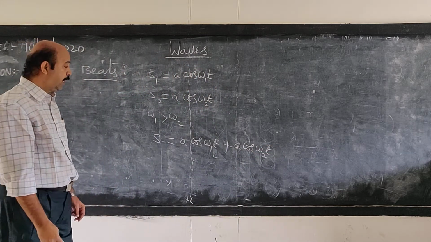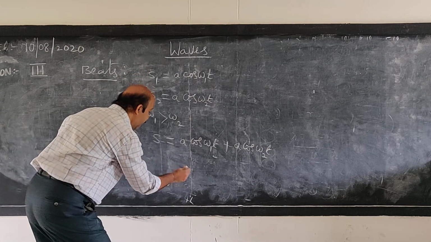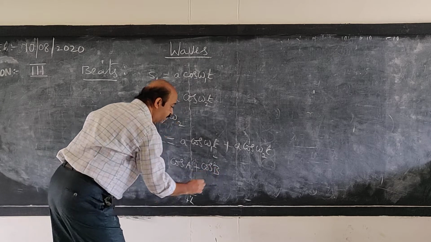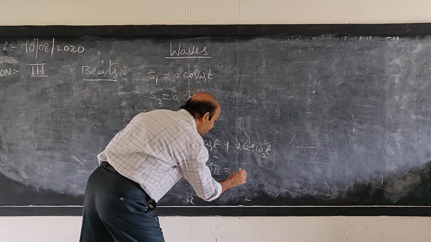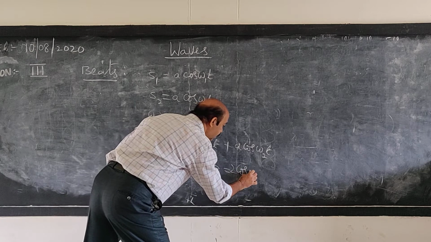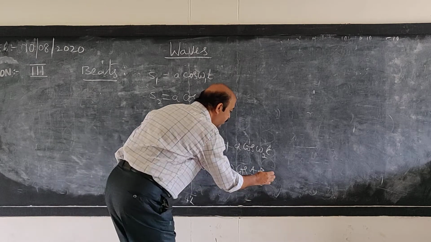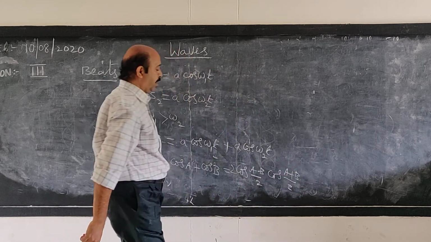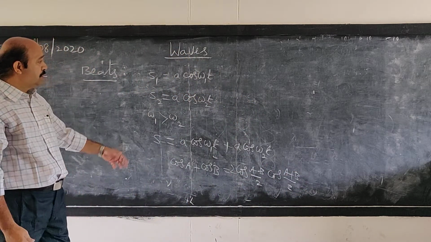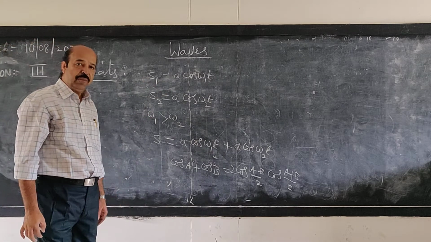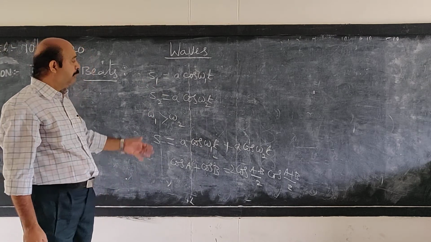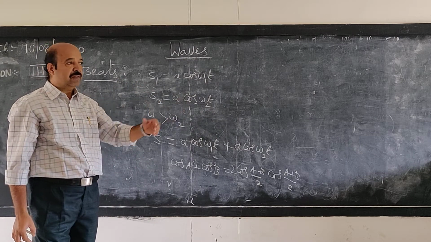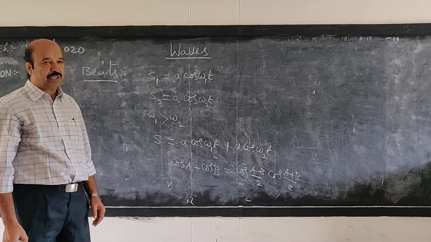Now we can apply the trigonometric identity for cos A plus cos B, which gives 2 cos of (A minus B) by 2 times cos of (A plus B) by 2. Of course, we can take sine functions also; the final result will be the same, but we are considering sound waves, which are longitudinal waves, that's why we have taken the cos function.